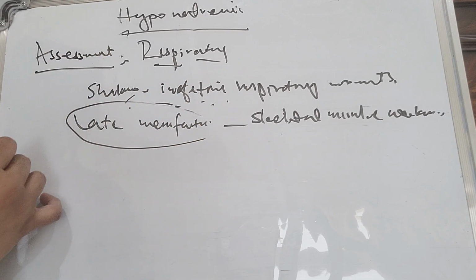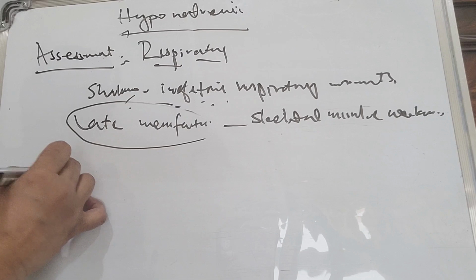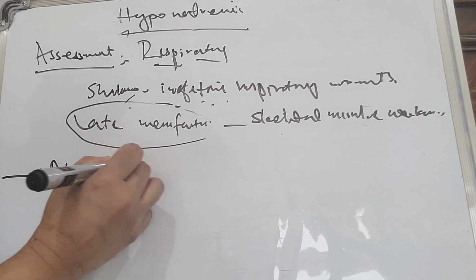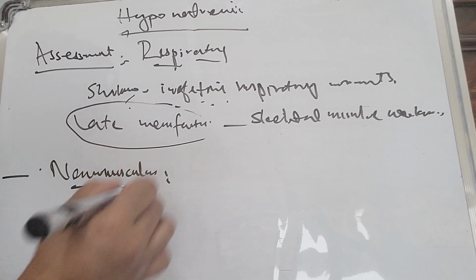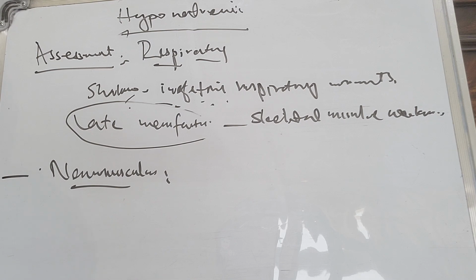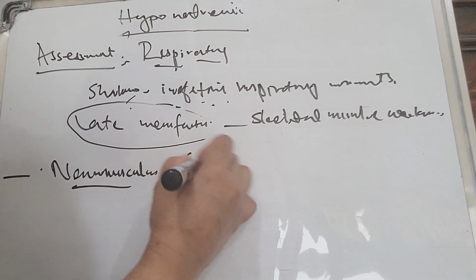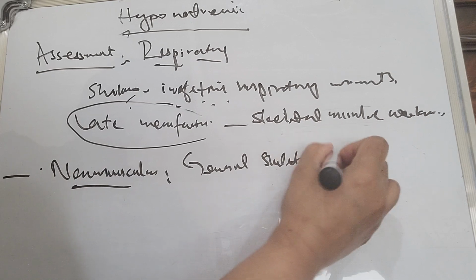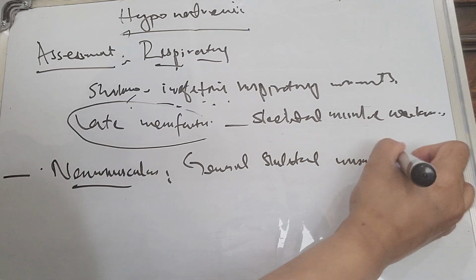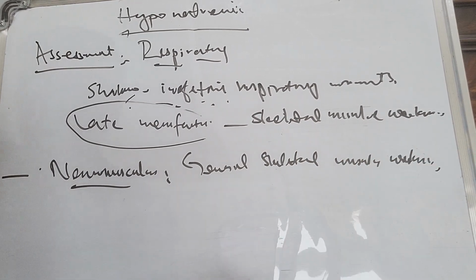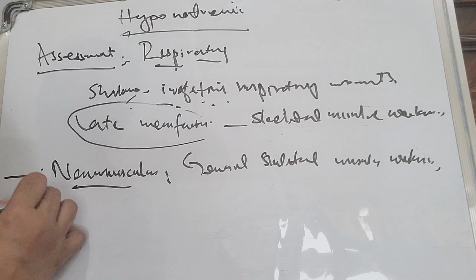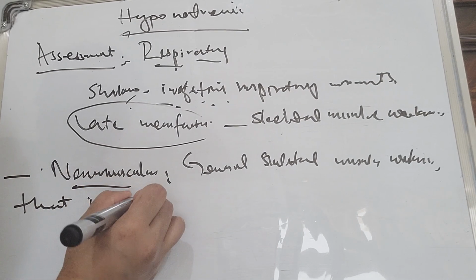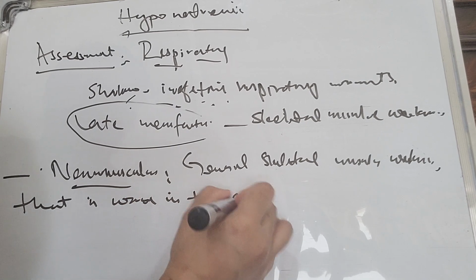Now, the next system is neuromuscular. Neuromuscular: generalized skeletal muscle weakness that is worse in the extremities.